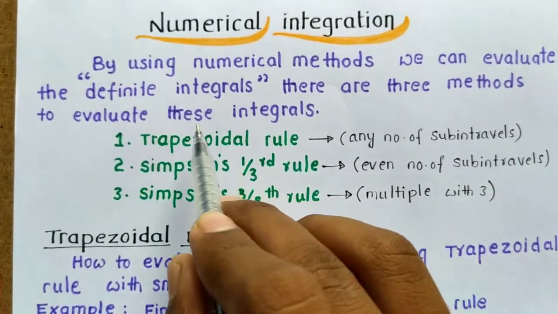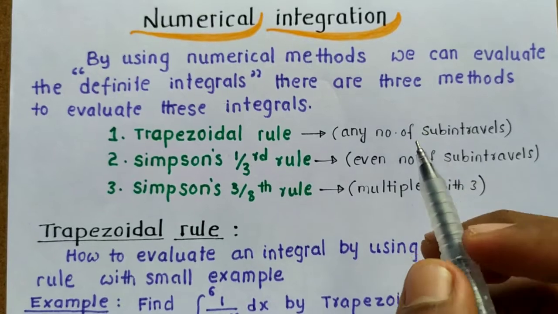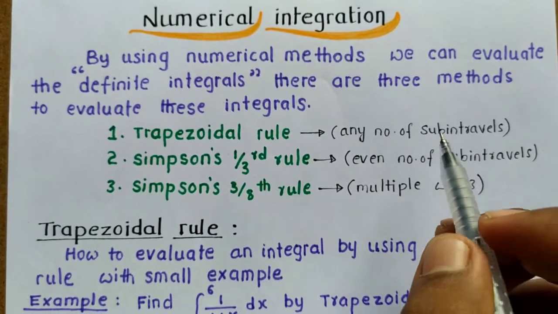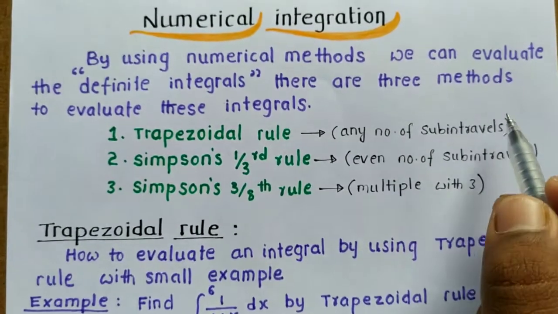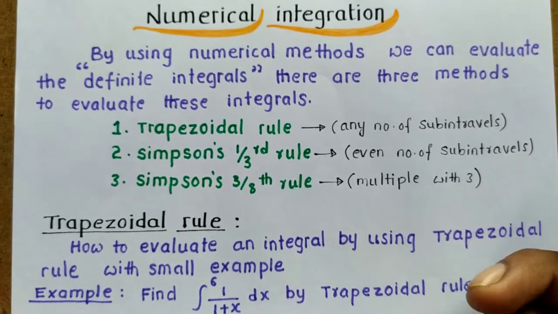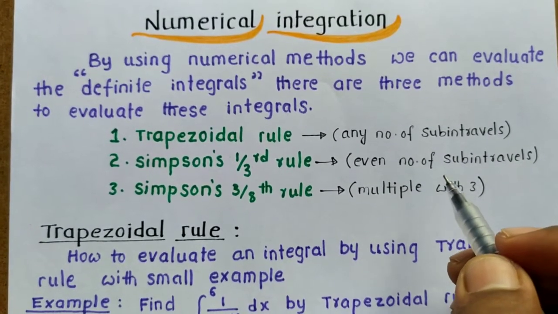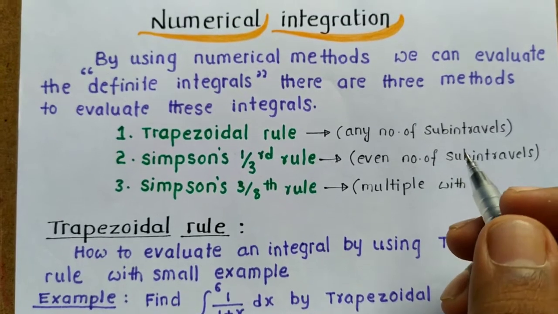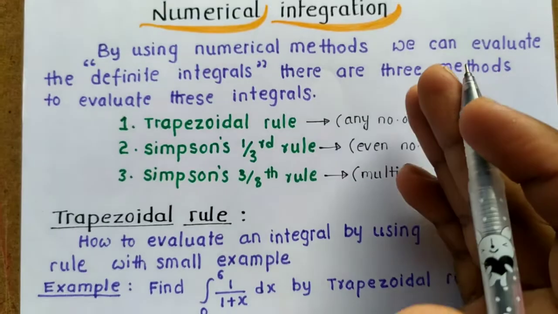In the trapezoidal rule, we divide the interval into any number of subintervals. Depending on the number of subintervals, we get an accurate value. If you take a larger number of subintervals, you get a more accurate value.